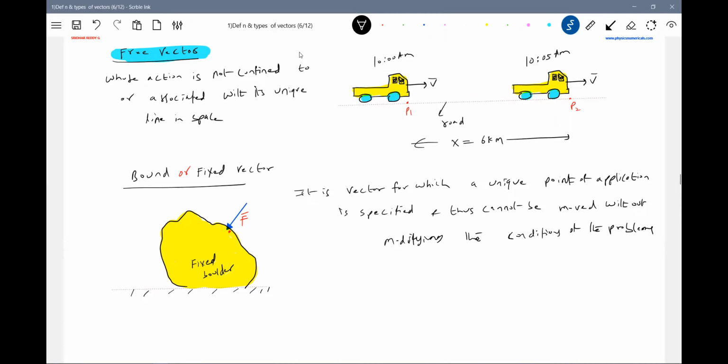At one specific point, that particular force is applied on a body. So then it becomes a bound vector or a fixed vector.